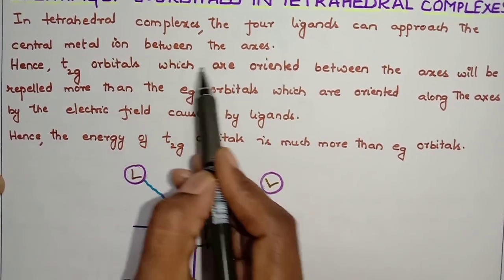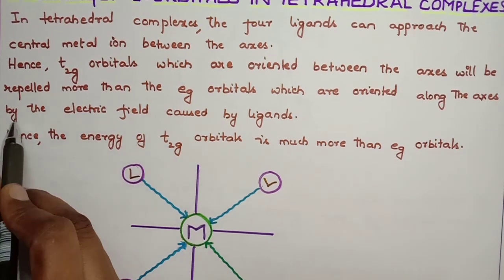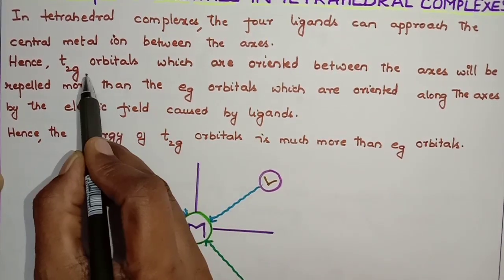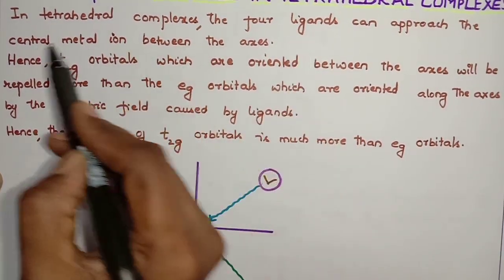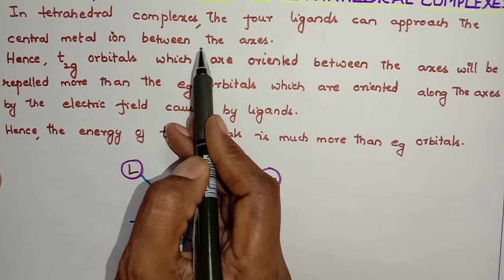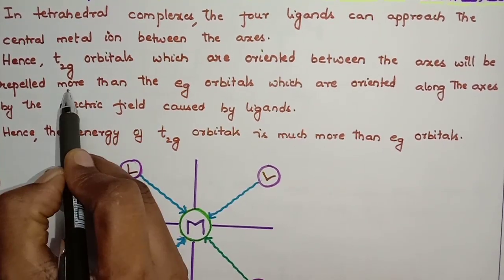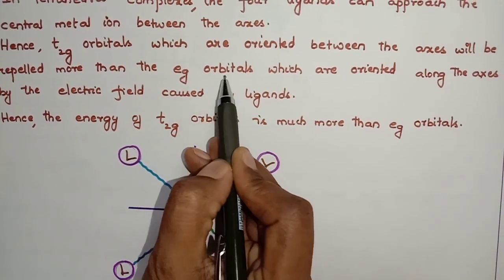t2g orbitals which are oriented between the axis are repelled more by the electric field caused by the ligands. Why? t2g orbitals are oriented between the axis. Ligands are approaching the central metal between the axis. Okay. So these orbitals will be repelled more by the field caused by the ligands when compared to the eg orbitals.